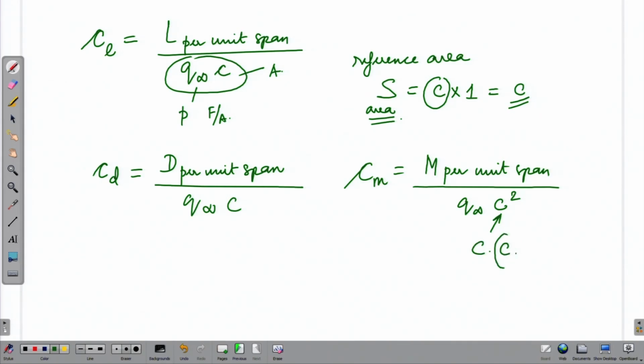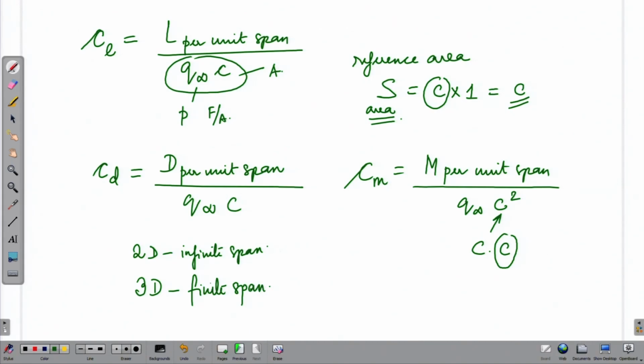The additional c is taking care of non-dimensionalizing the moment. To recall again, 2D bodies have infinite span, and they do not have any variation in cross sectional geometry along the span, while 3D bodies have finite span.